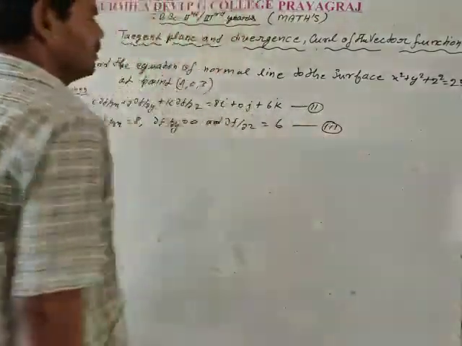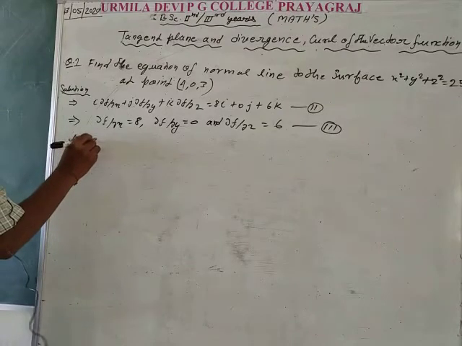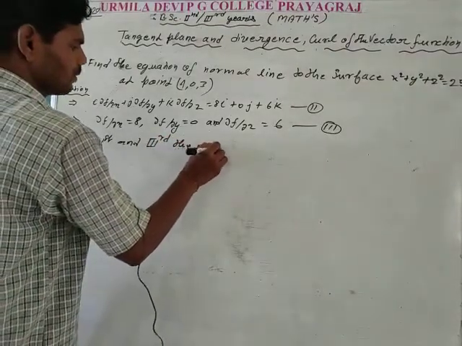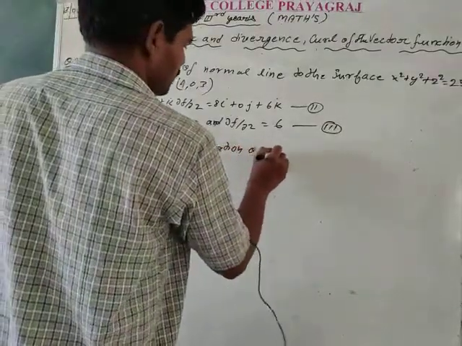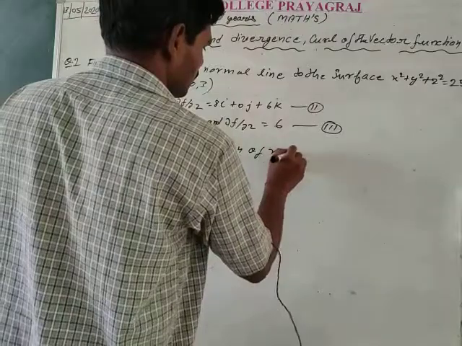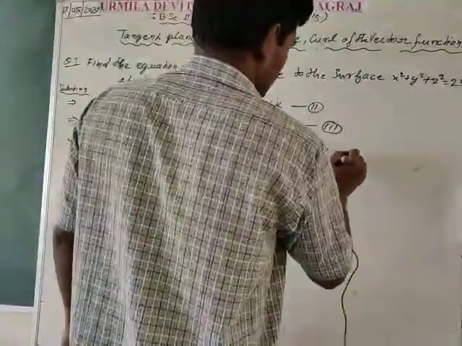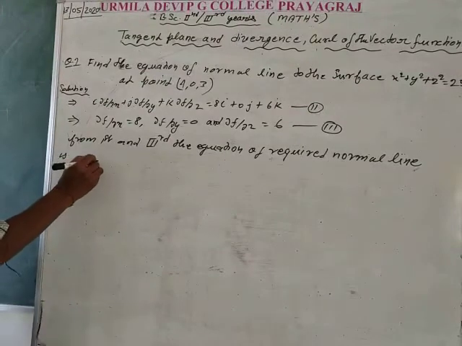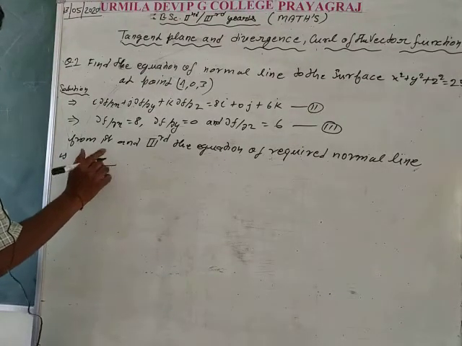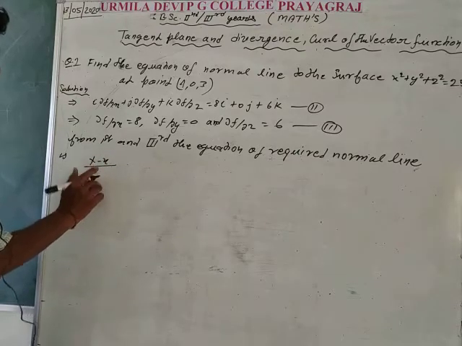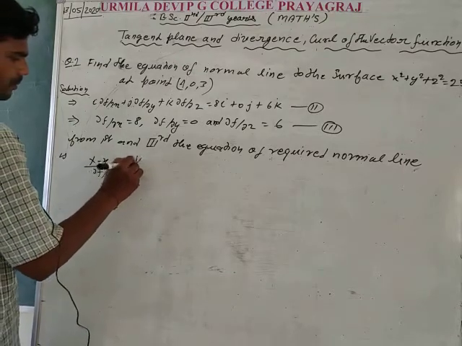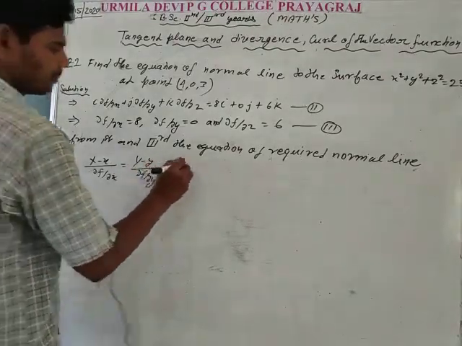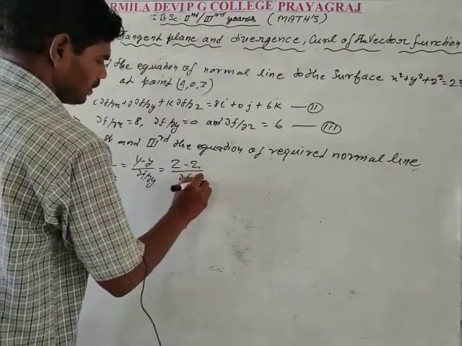So from first and third, the equation of the required normal line is (X minus x) by del f by del x, equal to (Y minus y) by del f by del y, equal to (Z minus z) divided by del f by del z.